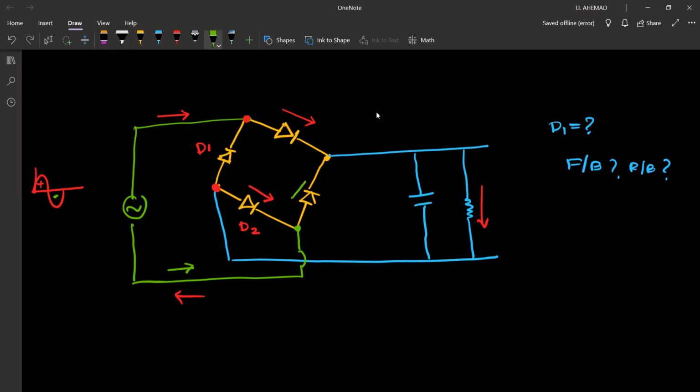The current goes through this diode, and from here, through this resistor, it goes down, comes to this point, and again D2 is reverse biased, and this is forward biased.